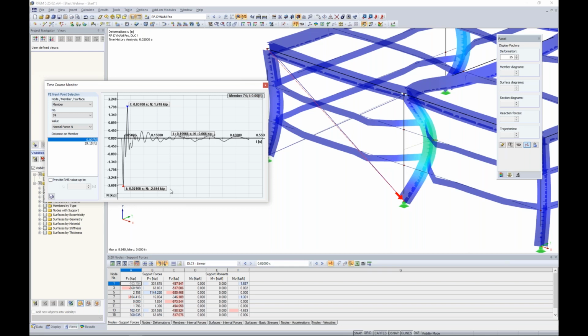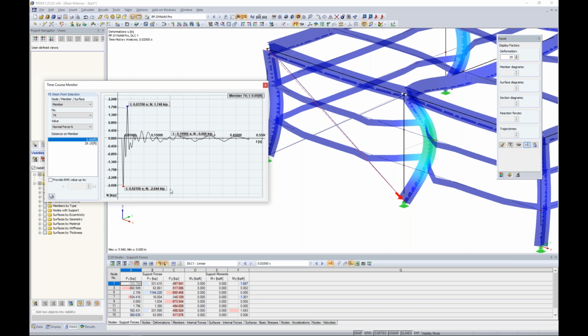So why is this? Well, this is just simply a limitation of the linear solvers. Any nonlinear element, so when we're talking tension-only members, they are going to be automatically converted into truss elements for the linear analysis. So the program only knows what it knows, and if it sees a truss element internally, it's going to think, okay, well, then it can take on these high compression loads as well. There's nothing stopping it.